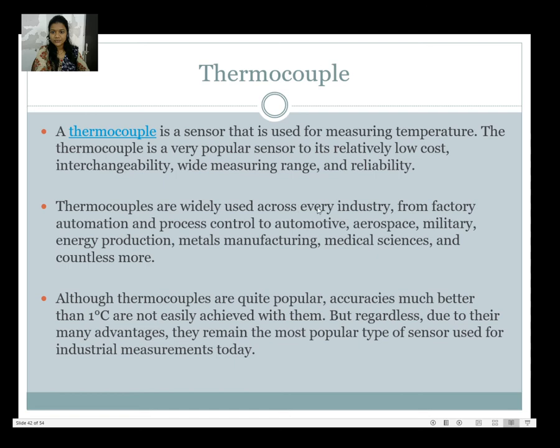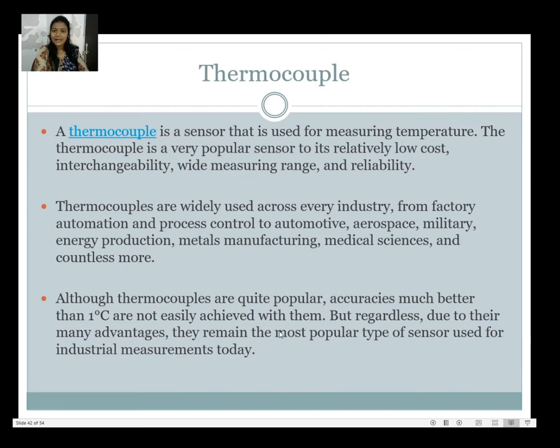Thermocouples are widely used across every industry, from factory automation and process control to automotive, aerospace, military, energy production, metal manufacturing, medical science and countless more. So there are lots of applications of thermocouples. Although thermocouples are quite popular, accuracy much better than 1 degree Celsius is not easily achieved with them.